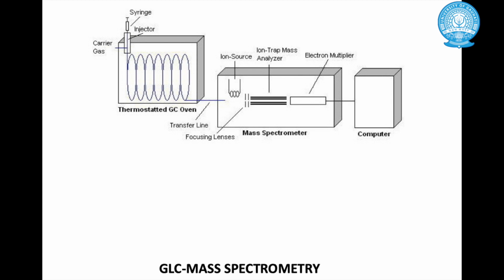Once the molecule is ionized, since the mass spectrometer is maintained under vacuum, the ions generated with the help of the ion source hit the molecule entering the mass spectrometer, and the ions are then focused to enter a section which is called the ion trap mass analyzer.